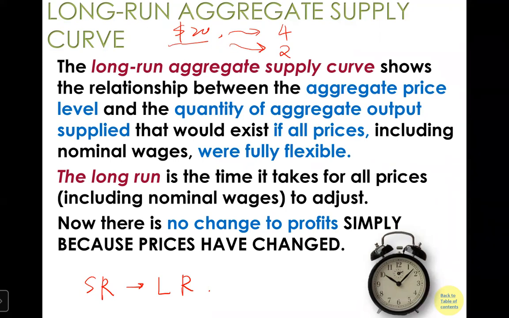So now ask yourself, if you work for Burger King, before you made 4 burgers per hour, now you can only buy 2 burgers for 1 hour's hard work. What are you going to do? Are you going to suck it up, or are you going to do something? Usually you will ask for a wage raise.